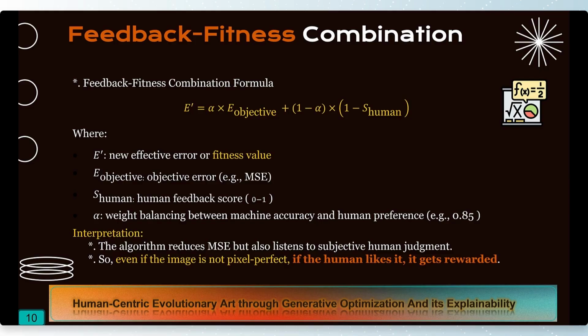Alpha is a weight balancing machine accuracy and human preferences, for example 0.85. Then we have interpolation. The algorithm reduces MSE but also listens to the subjective human judgment feedback. So even if the image is not pixel perfect, if the human likes it, it gets the reward.